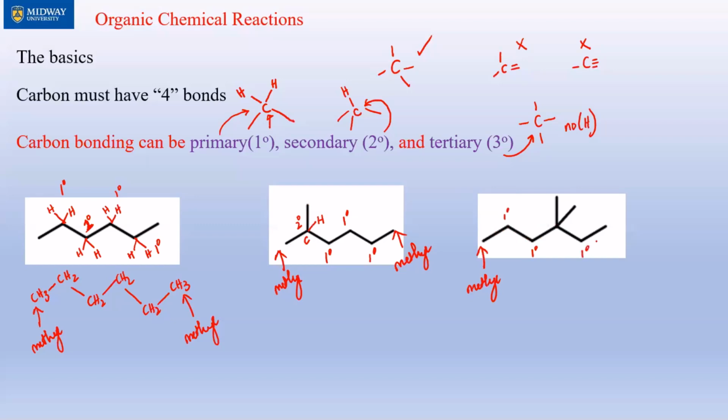This is also primary. This is methyl. What about this? This carbon contains 1, 2 bonds. The 3rd and the 4th also happen to be methyl. So this carbon has no more bonds left for it to be hydrogen, and this is a perfect candidate for a tertiary.